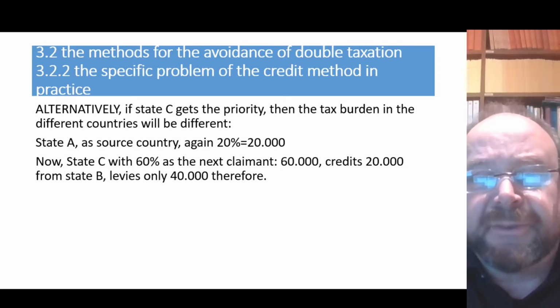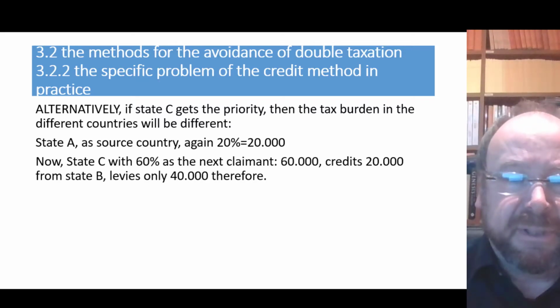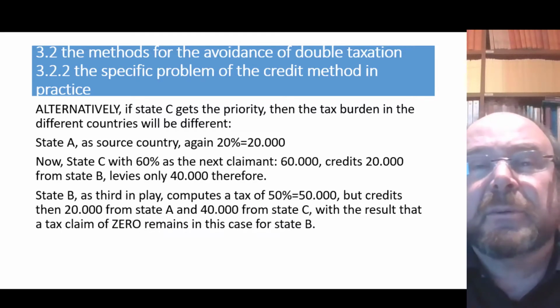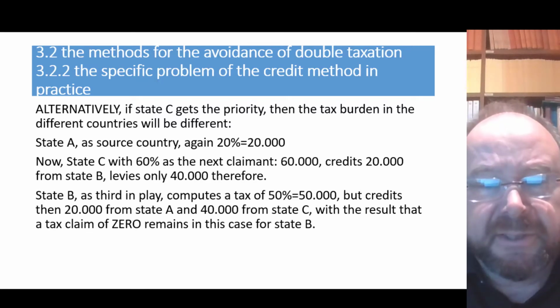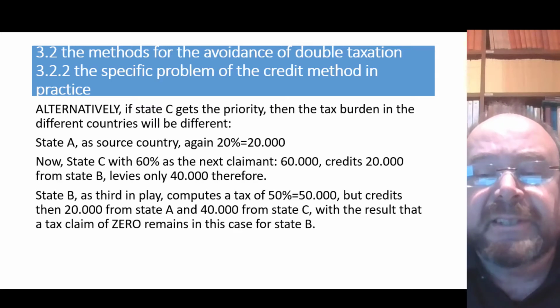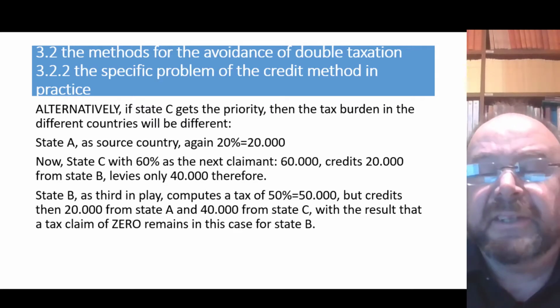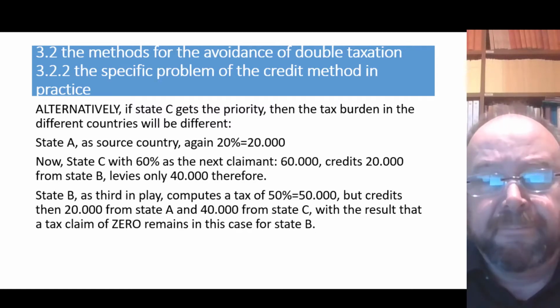I credit the source country tax, so I get 40,000. State B then comes into play and says, well, my tax claim is 50,000, but I see you already paid 20,000 in A and 40,000 in C, so that's enough. So there is a 0 tax remaining in this constellation for state B.